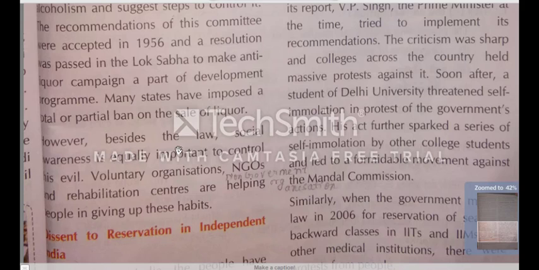However, besides the law, social awareness is equally important to control this evil. People should be aware of how harmful liquor is.